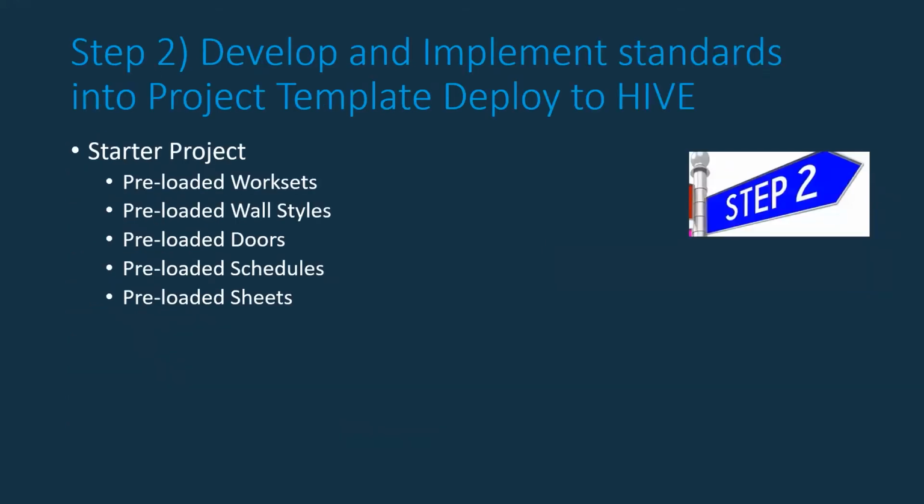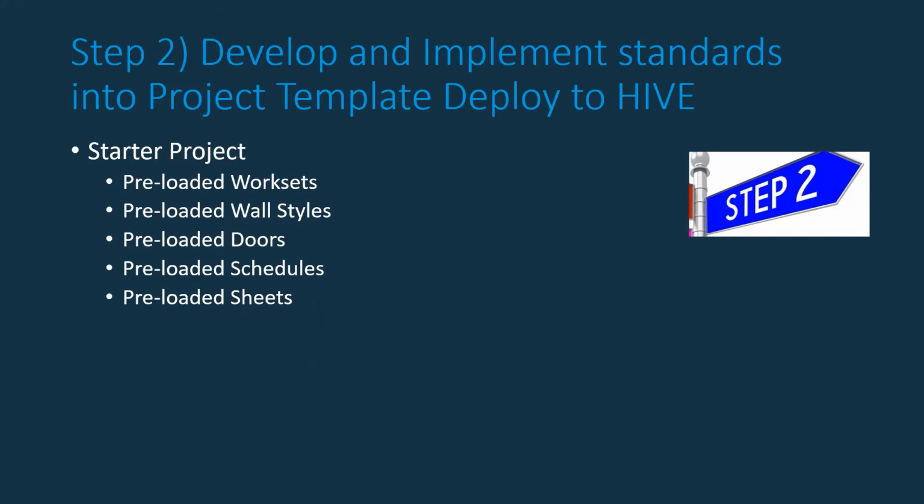So with that in mind, our step number 2 is we need to develop it and come up with the standards. My suggestion would be having a started project. And when I say started project, I'm not talking about an RTE, not a Revit template, but an RVT, where you have your preloaded worksets, preloaded styles, door families, wall families, whatever it may be.